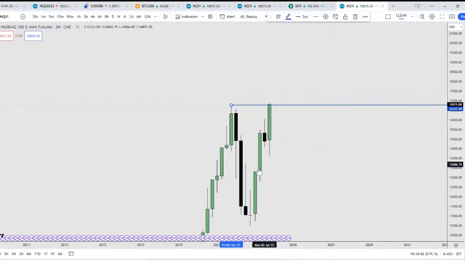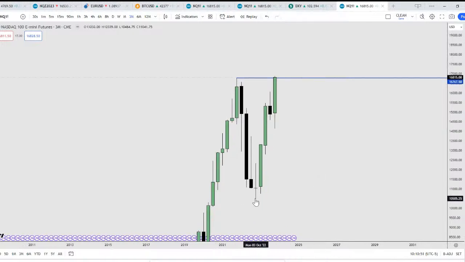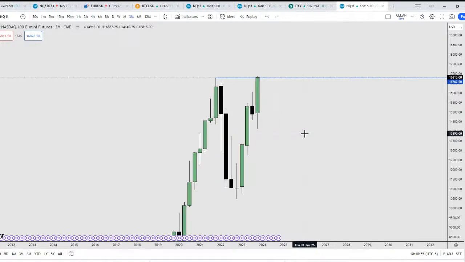So this was the fair value gap that was utilized to take out this high here. This was the low that made this high. If we are expecting higher prices for dollar, naturally we would expect indices to fail, to trade lower.